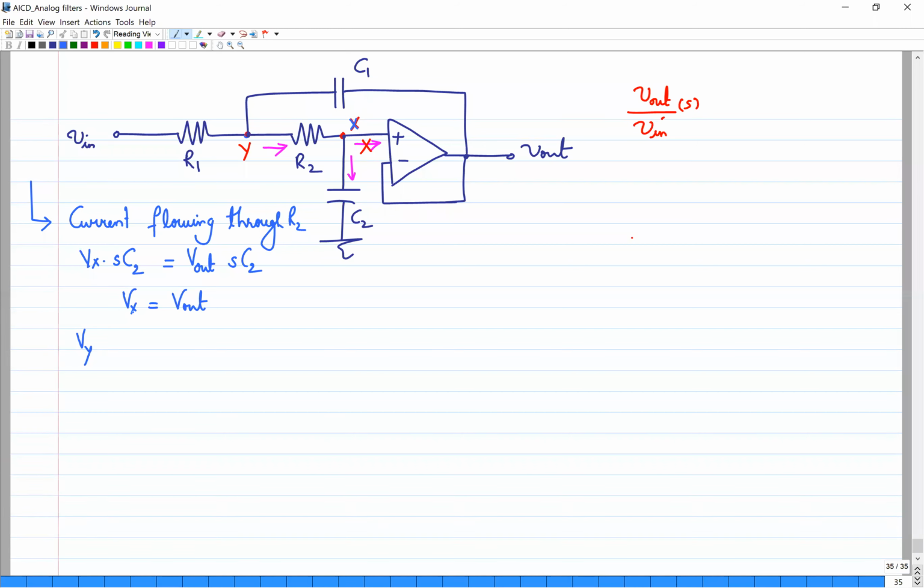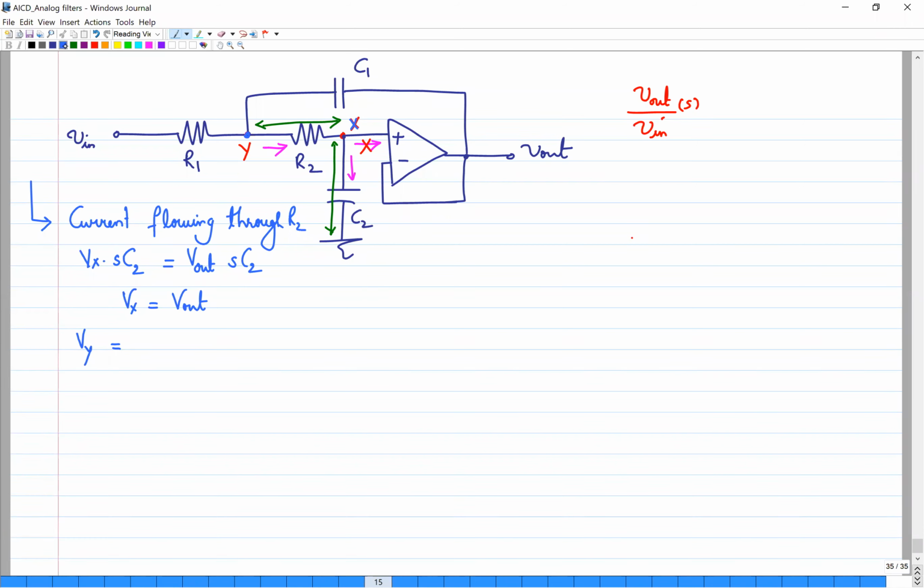What is Vy? Vy is actually this node potential from here to ground, right? So can I consider Vy as the drop across R2 plus the voltage from here to ground? So what is the voltage from here to ground? That is Vx.